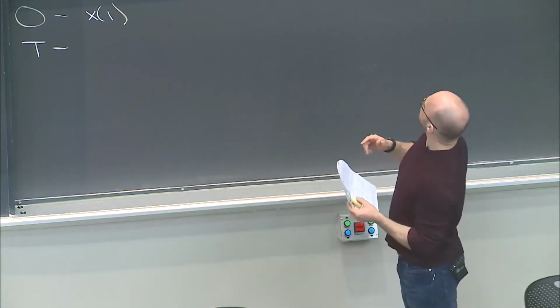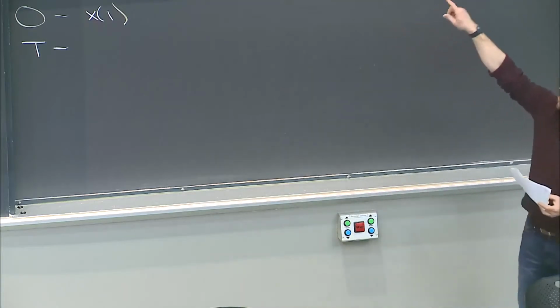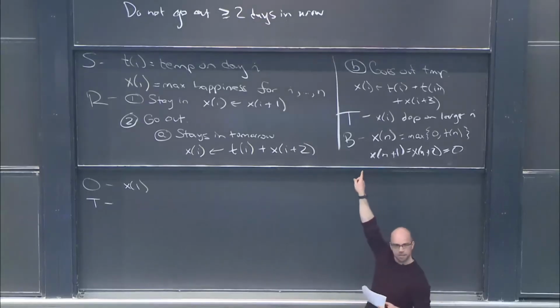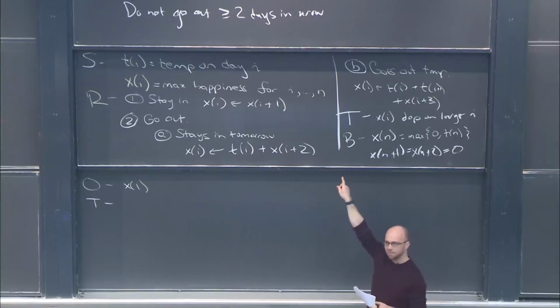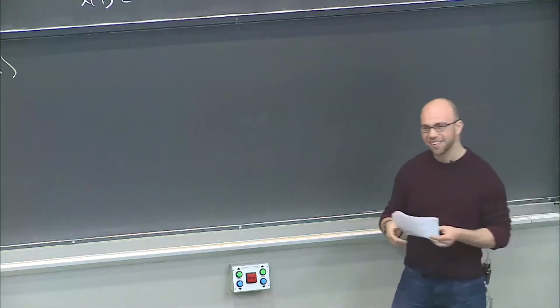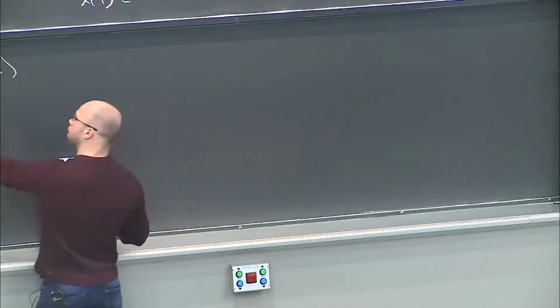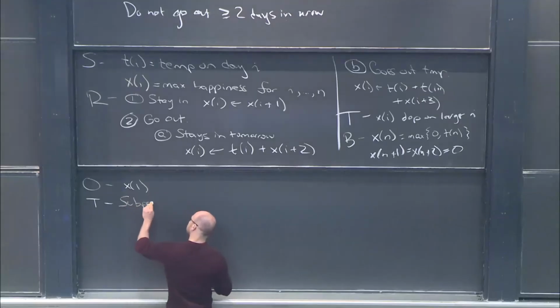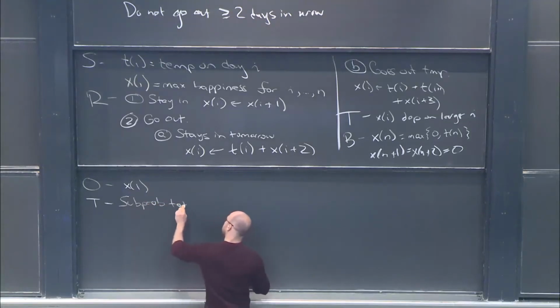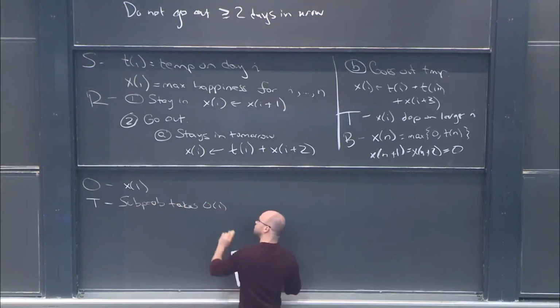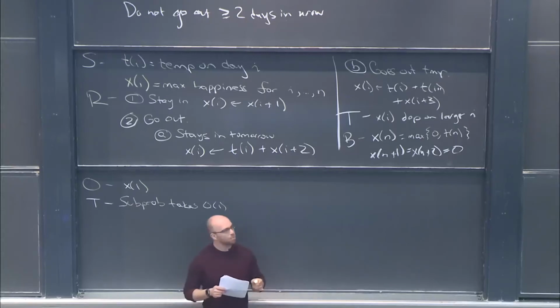So let's see, what are our subproblems here? Well, essentially, I guess I didn't actually say it, but you have to take the max of these 3 values. This is the max of 3 expressions, which have a constant number of plus signs and lookups in memory and all that good stuff. So each subproblem takes order 1 time. How many subproblems are there?